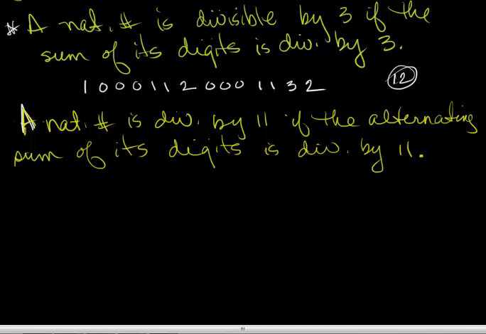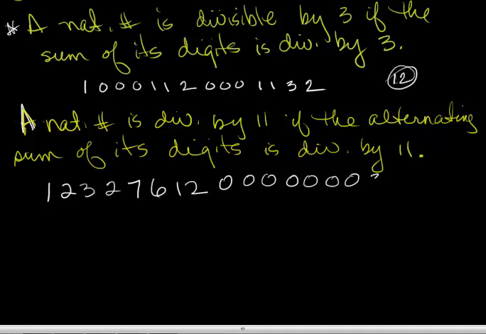Okay, well, first of all, what do we mean by an alternating sum? I think an example is the best way to show you. If I take a really big number, like one that you couldn't just stick into your calculator, 1, 2, 3, 2, 7, 6, 1, 2, 0, 0, 0, 0, 0, 0, 0, 3, 4, let's say. Okay, it's a great big number.